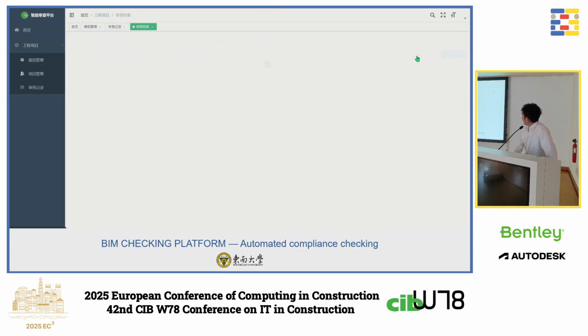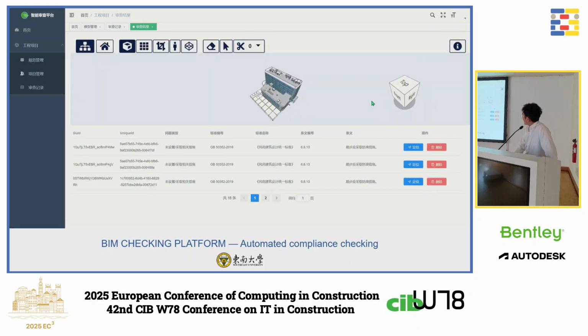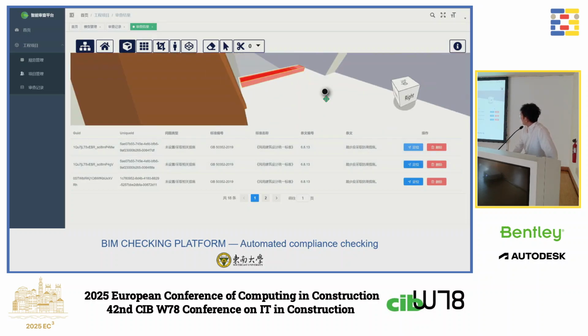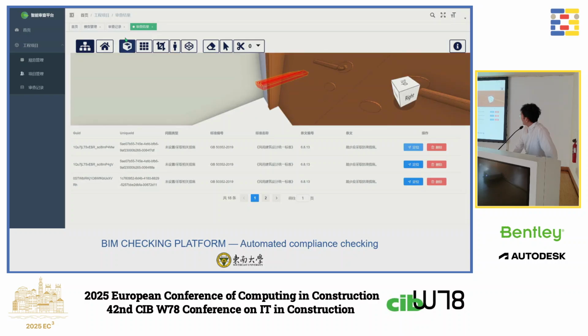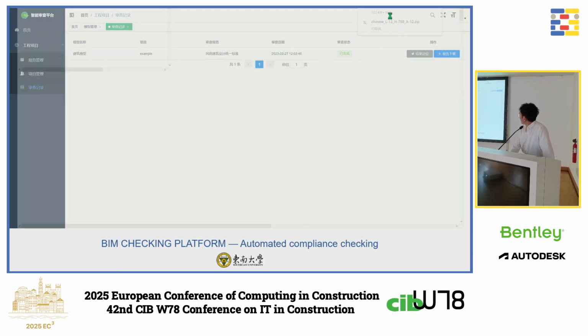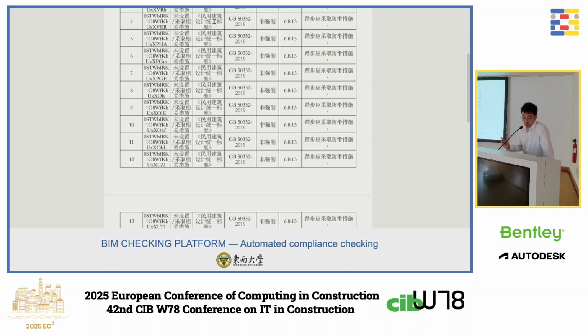Yeah, it's matching. Then we can go to the output. The highlight shows the errors in the BIM model against the regulations, and we can download the report. Yeah, a Chinese report.